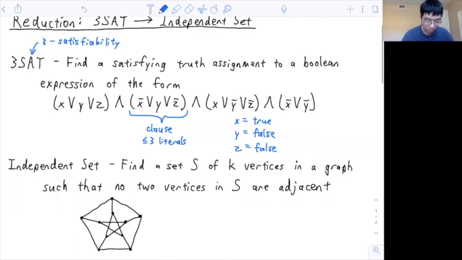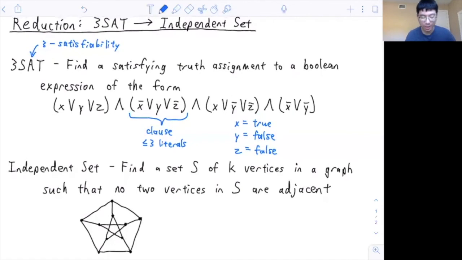So now we have this other problem called independent set, which is basically saying we're given a graph and we're given an integer k. And then we need to find a set S of k vertices in the graph such that no 2 vertices in S are adjacent. So no 2 vertices in S share an edge. One example here is we can have, let's say this vertex is part of our independent set.